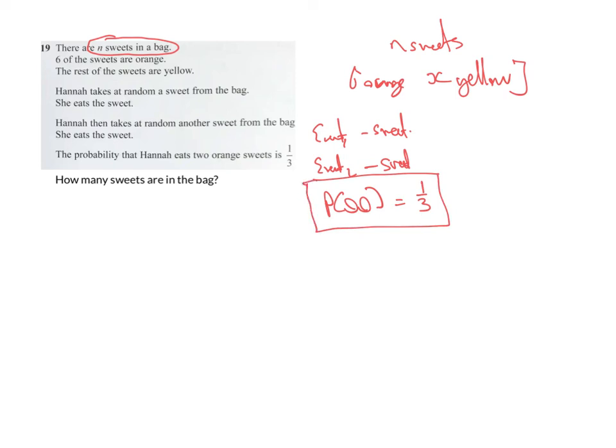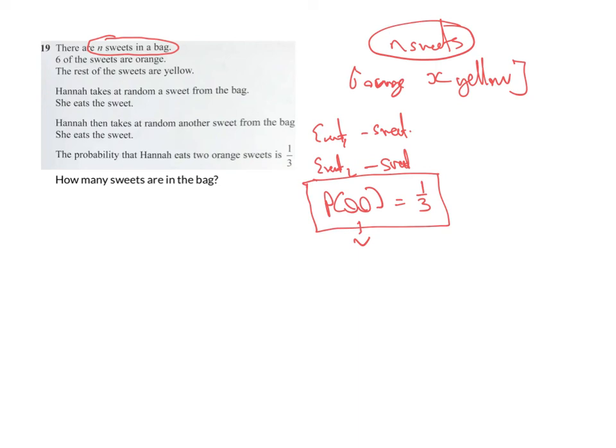So this question, hopefully what you realise, revolves around working out the probability of orange and orange. And somehow, during that, we're going to find out how many sweets are in the bag. Okay. And how many sweets are in the bag is n. So we need an equation. We've only got one piece of information, one statement, which gives us one equation, okay?